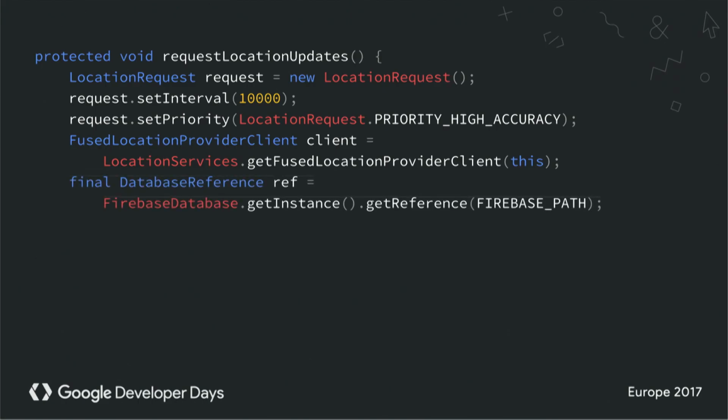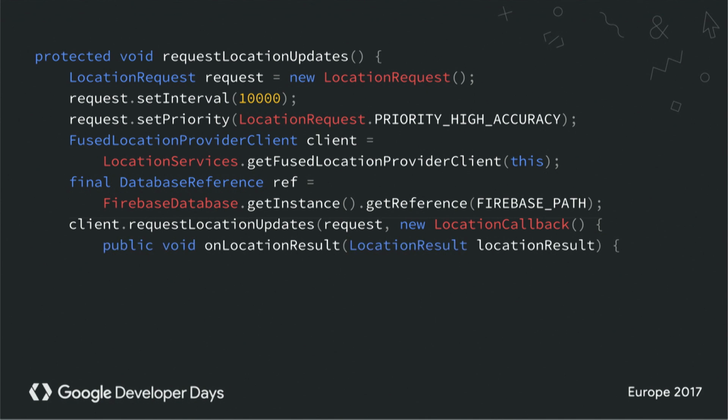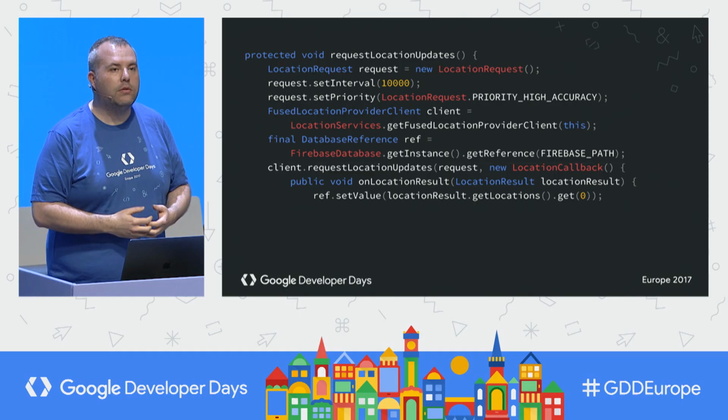We then configure whereabouts in Firebase we're going to write this location information. And finally, we create a callback to hand to the Fused Location Provider API that we can then turn around and write the results into Firebase. And with these 10 lines of code, we are now tracking this phone in real time.